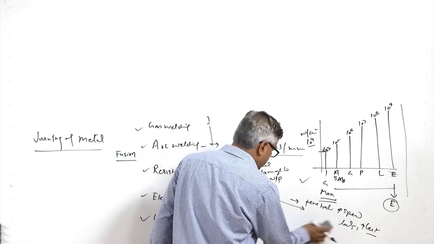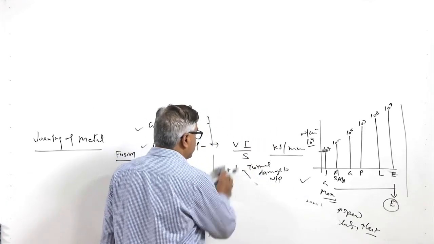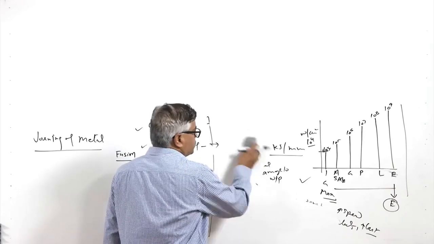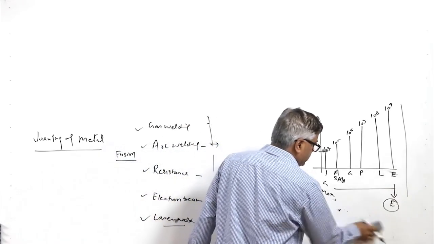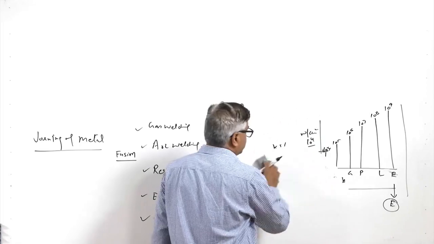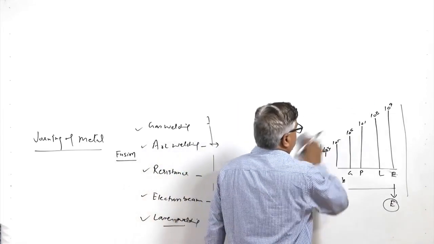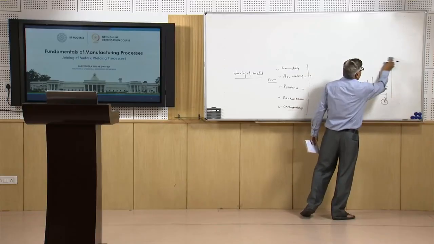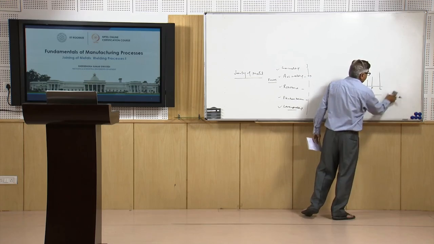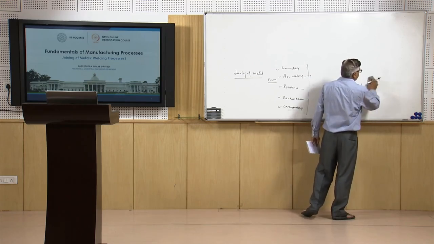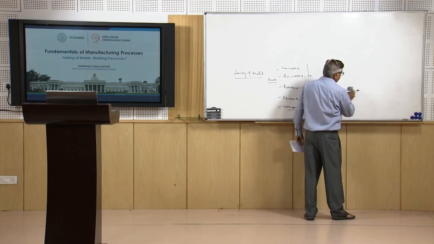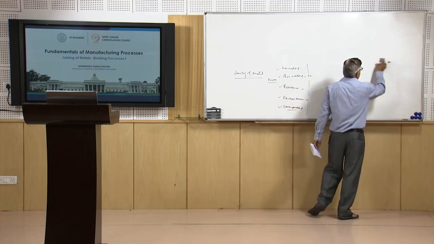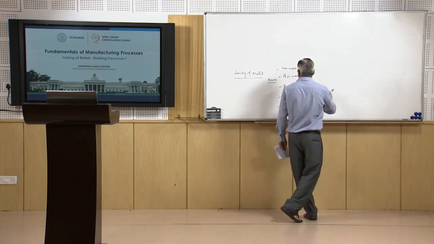That is why efforts are always made to use high energy density processes, so that good quality weld joints can be produced, while the economics is also kept in mind while deciding the process to be used.